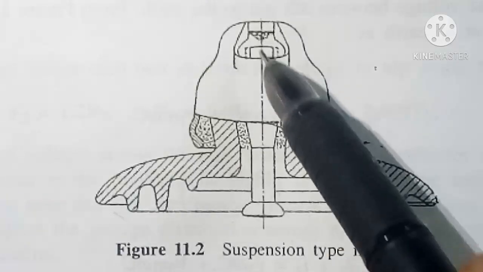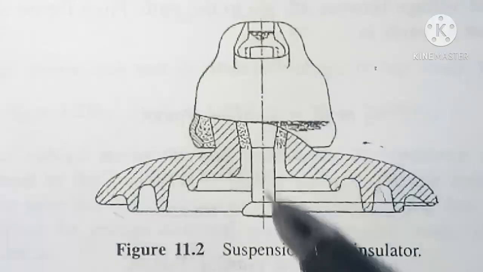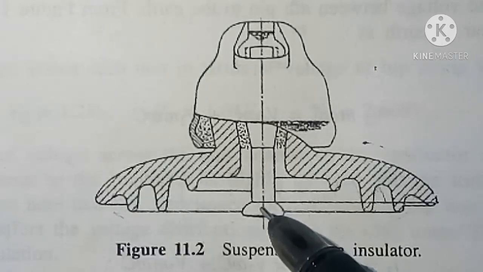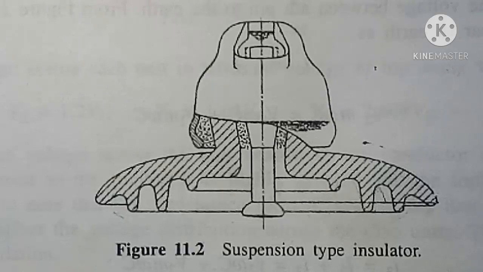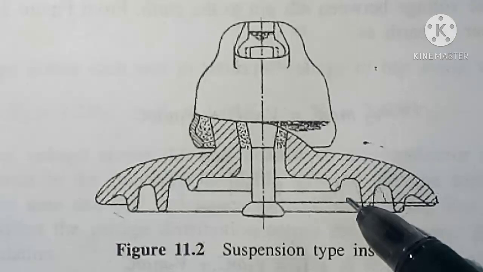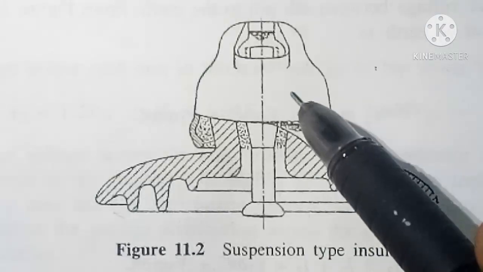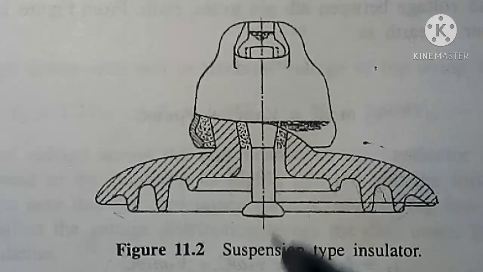When many such units are connected one to one to make a string of insulators, then these suspension type insulators are called string insulators. According to the line voltage, the number of units is selected and they are connected end to end.